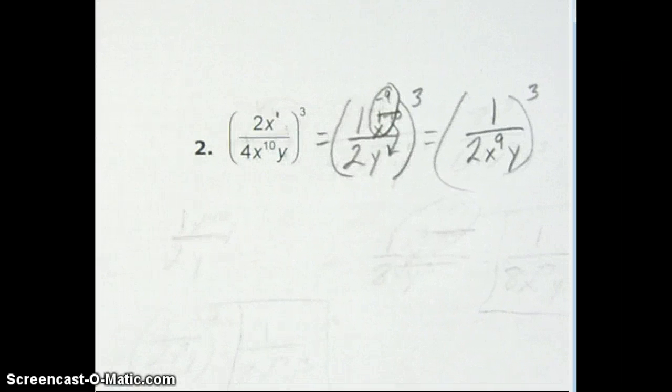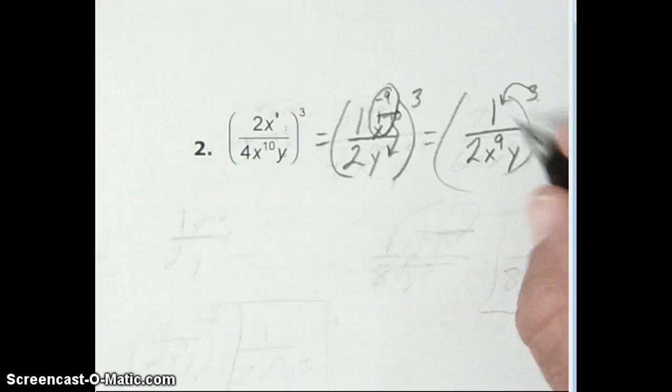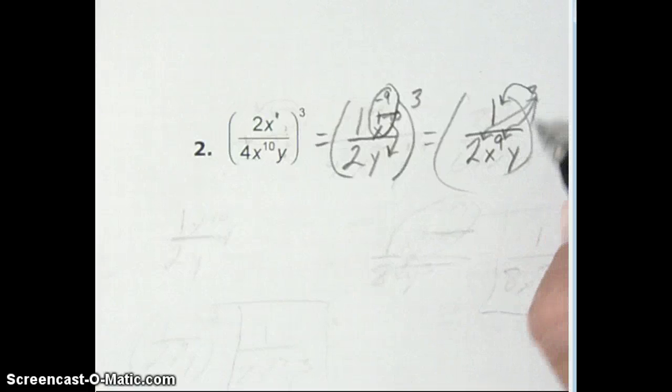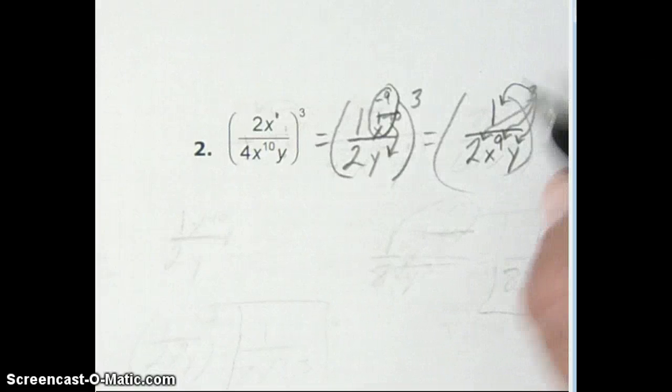Now if you remember with this product rule, or excuse me, the power rule, if you have an exponent outside the parenthesis, then that exponent has power over everything inside there. That means the 1 is going to be under the power of 3, the 2, the x to the 9th, and the y. So let's go ahead and put that exponent on there so I can get rid of my parentheses. Alrighty?